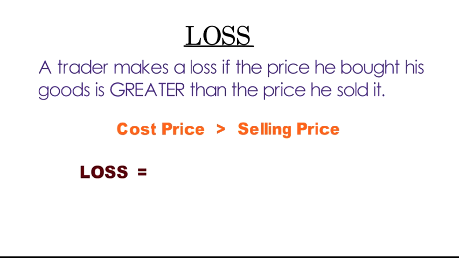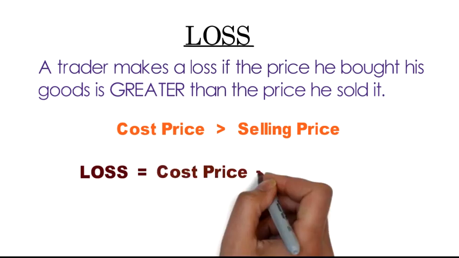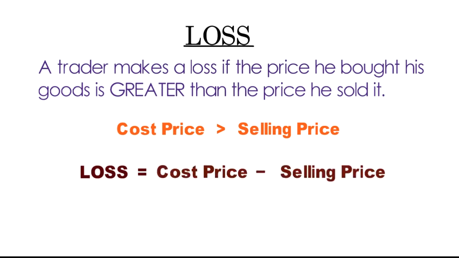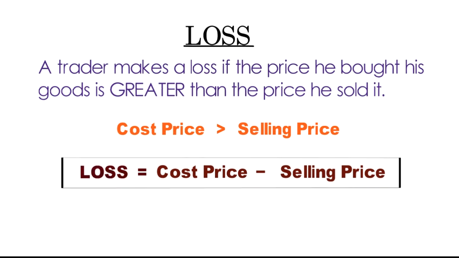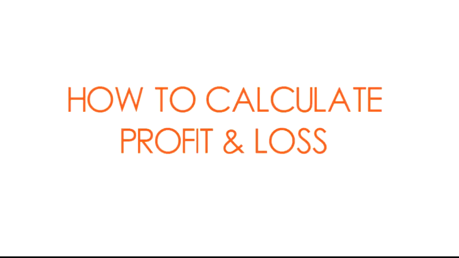Mathematically, loss is equal to cost price minus selling price. If you want to determine loss, you will use the formula loss is equal to cost price minus selling price. Next, we will solve questions on how to calculate profit and loss.